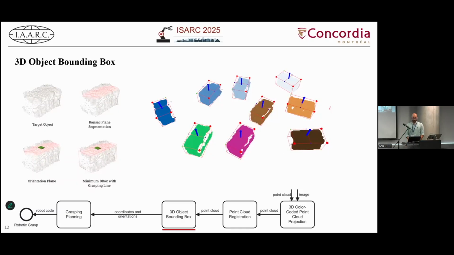From here, for each detected instance, we find its grasping position for the robot. For each target, we apply RANSAC plane segmentation to get the most planar surface, then find its orientation plane and draw a minimum bounding box with grasping lines and a normal vector for the robot to grip.